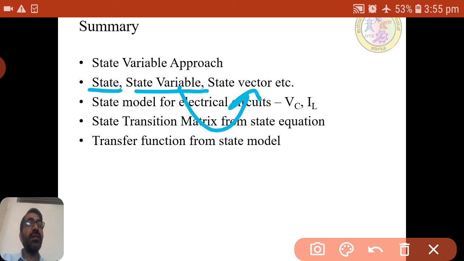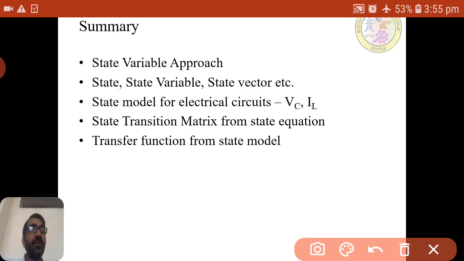A state variable is one parameter in the state vector, and the state vector is a set of state variables, like x1 of t, x2 of t, and so on. In electrical circuits, the voltage across the capacitor and current flowing through the inductor can be given as state variables, and the number of state variables is the order of the system.